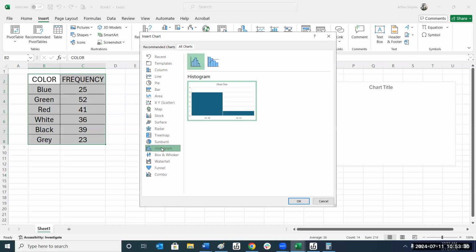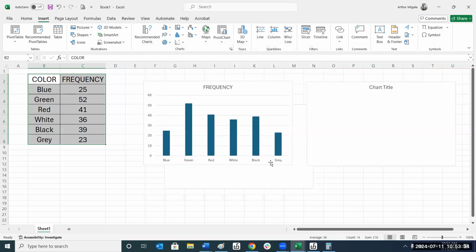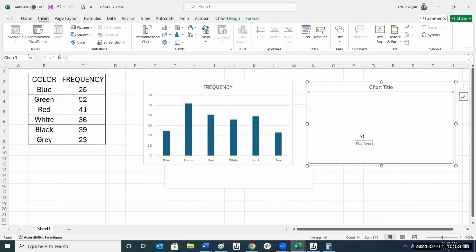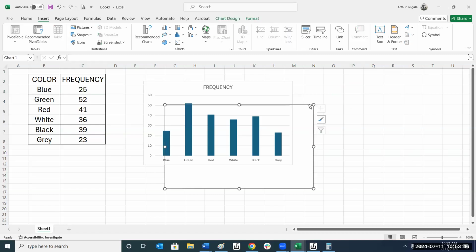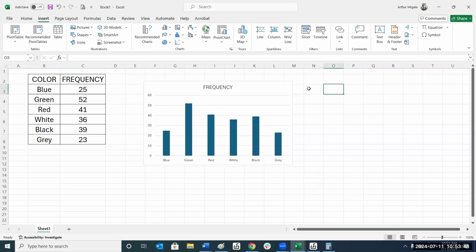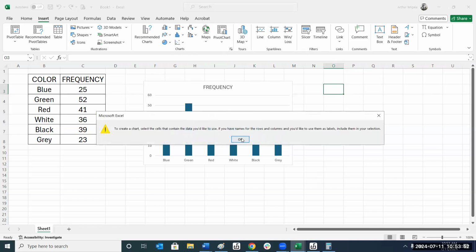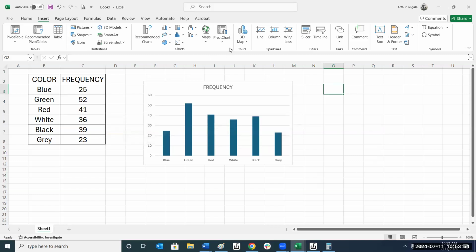Huh. Our histogram doesn't seem to be working right. Let's do another one. All right. Which ones have y'all done so far?